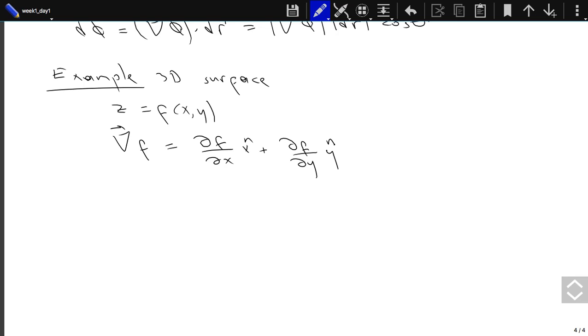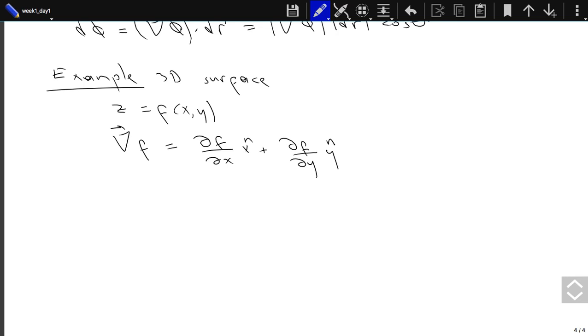Let me just pick this point over here. If I start from this point, I can move in that direction. If I move in that direction, then f is decreasing, right?